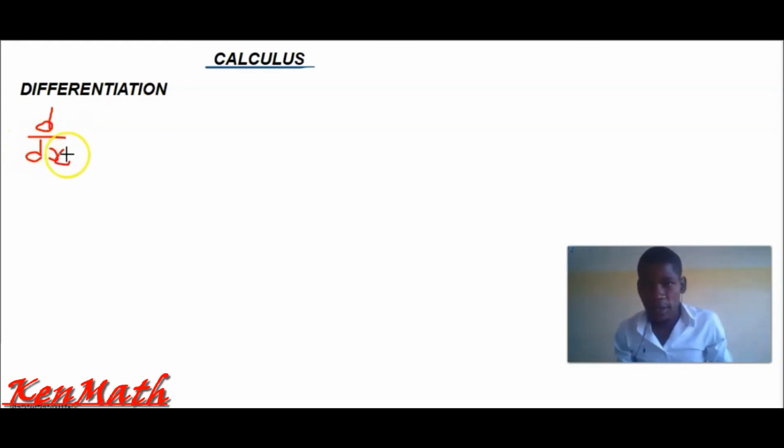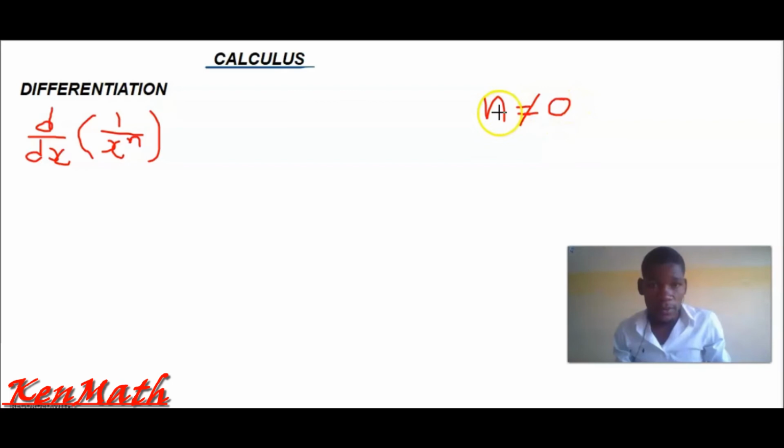We're finding the derivative of, for example, 1 over x to the power n, so x to the power any power, as a fraction. I've already said that n is not equal to 0.